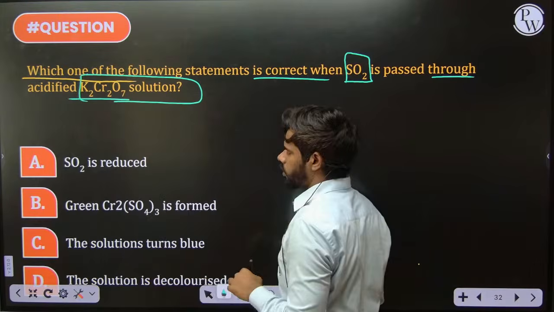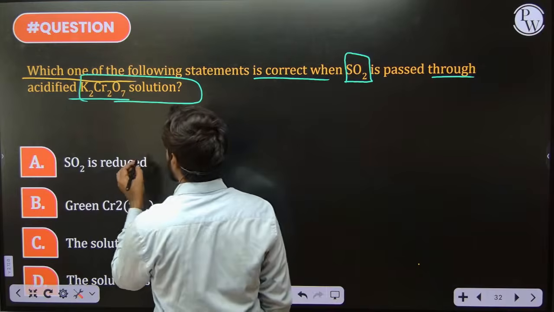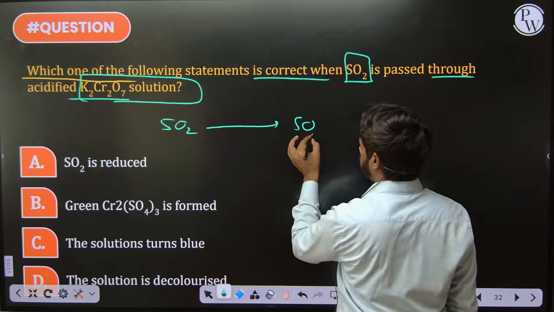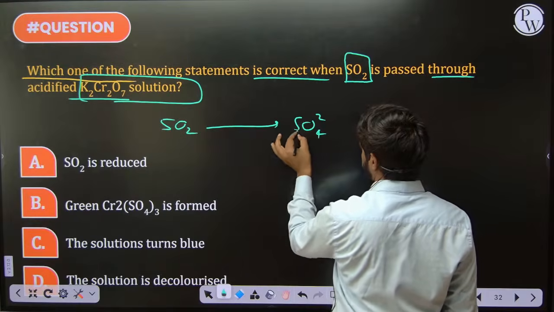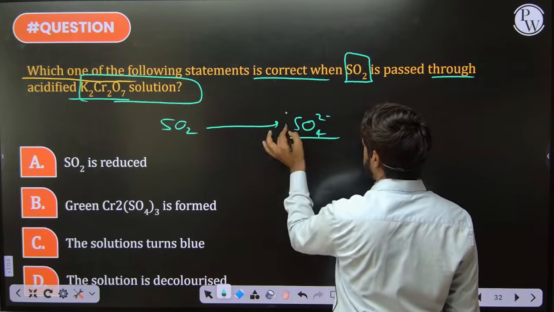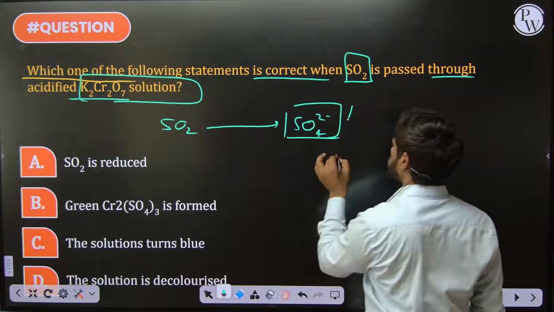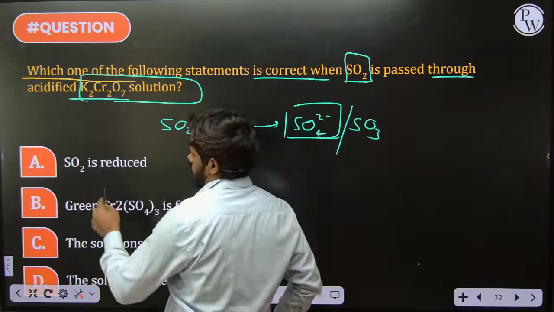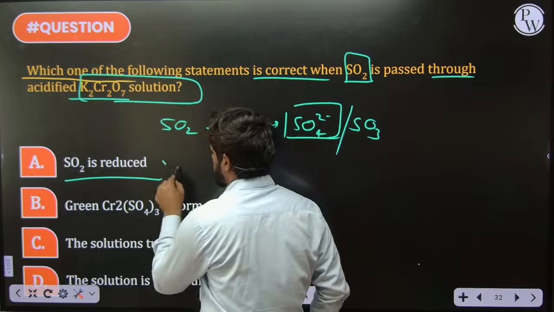Potassium dichromate is given. When SO2 is passed through this, it will be converted into SO4 2 minus, basically sulfate. So SO2 getting reduced is incorrect.